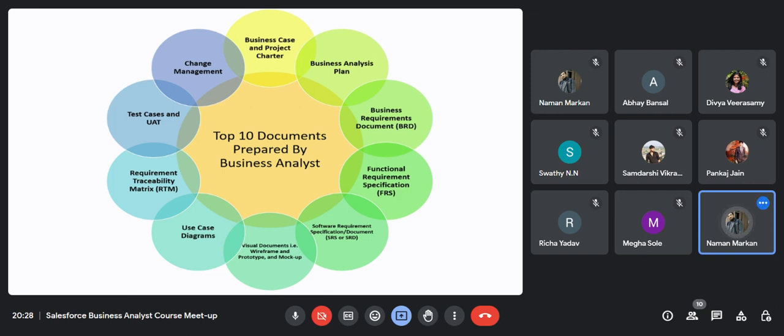Then after the day has gone, what exactly do you need to do? Your team and your stakeholders should all be on the same page before you start your project.